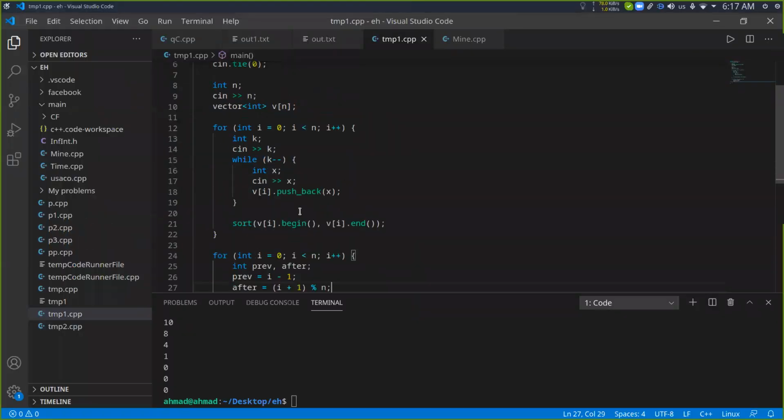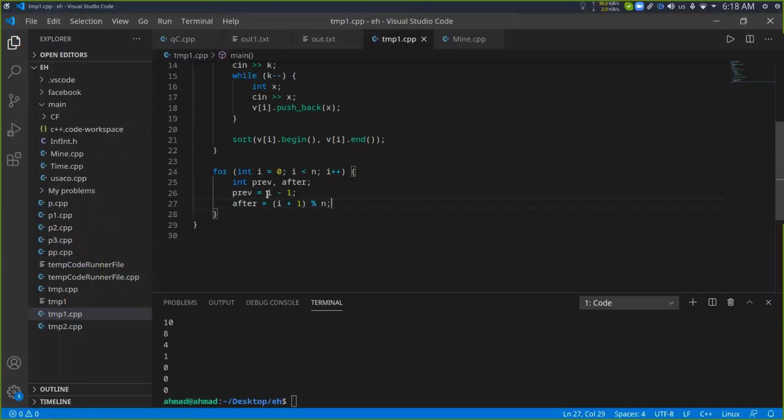In our case, 6 is beside 0. And for previous, mod won't work here, so we'll just make a check here: if not i, so if it's 0, then previous equals n minus 1. So if you are at i equals 0, then the previous sector will be n minus 1, the last one.